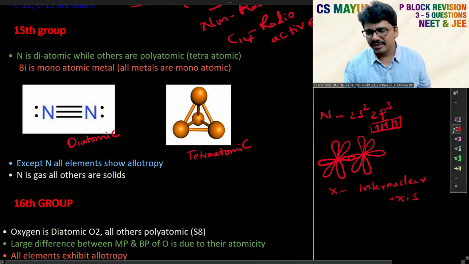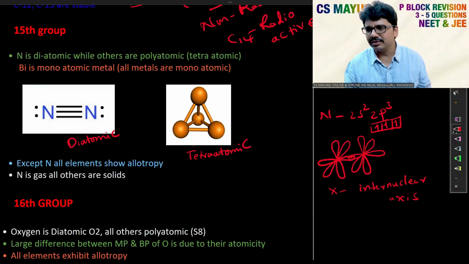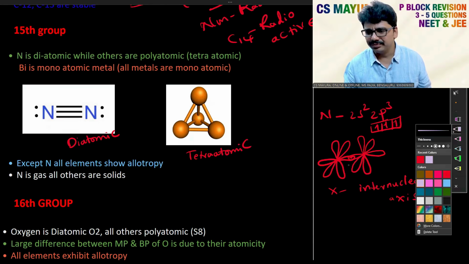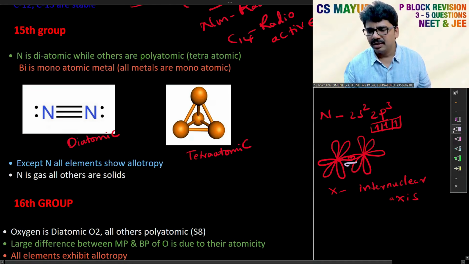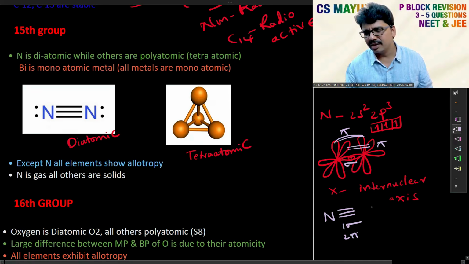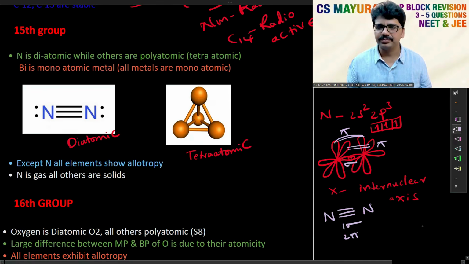So the first nitrogen's px and the second nitrogen's px involve in direct overlapping and give a sigma bond. The two py orbitals involve in sidewise overlapping and give a pi bond, and the pz orbitals involve in sidewise overlapping to give another pi bond. So between two nitrogen atoms, 1 sigma and 2 pi bonds are formed.